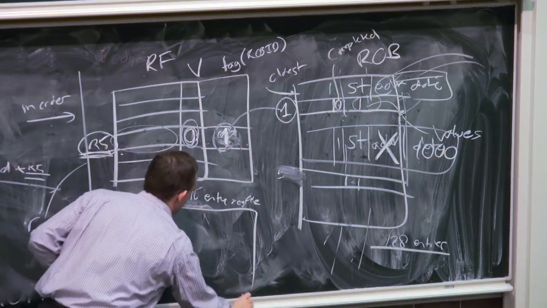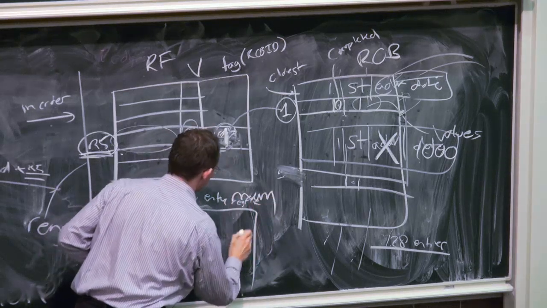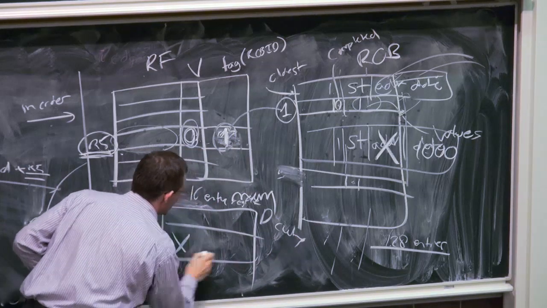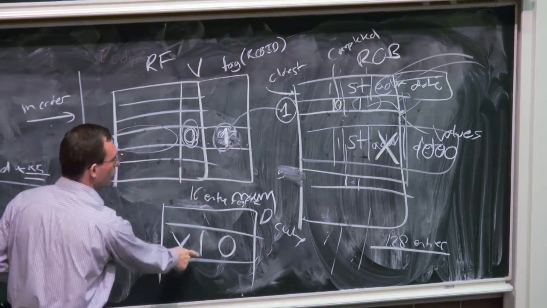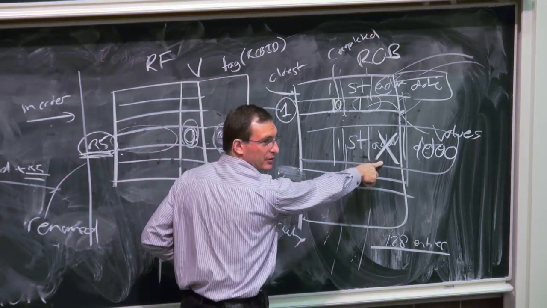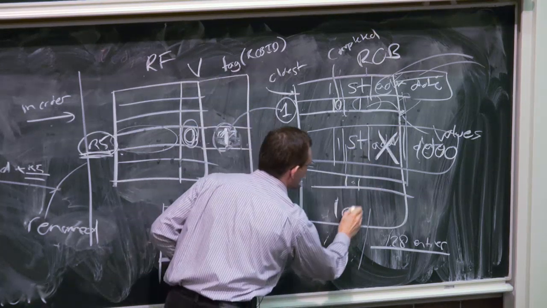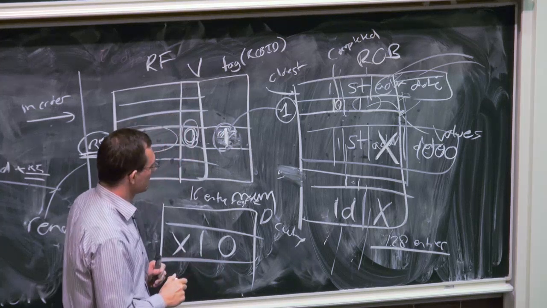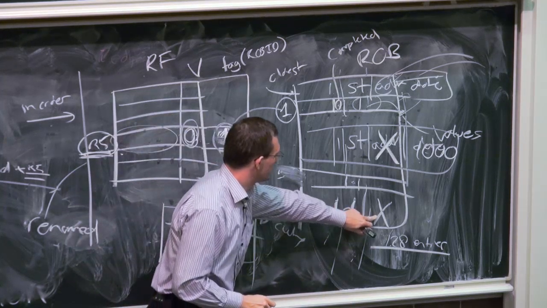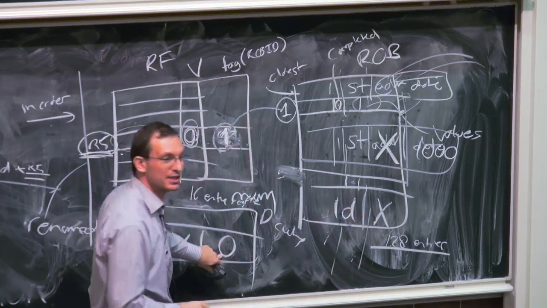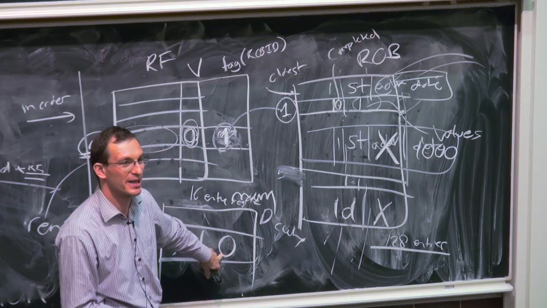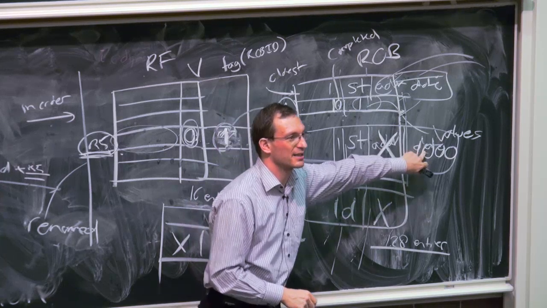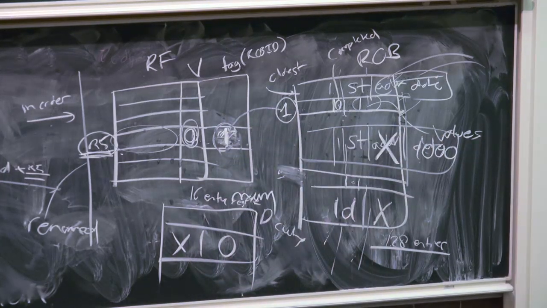Let's say this is your memory state, your data cache. Address X contains 0. This is the old value. This is supposed to be the new value. And you have a load instruction here that wants to access address X. What do you do? You don't want this load instruction to get 0 from memory, because there is an earlier store to the same location that is updating that value.